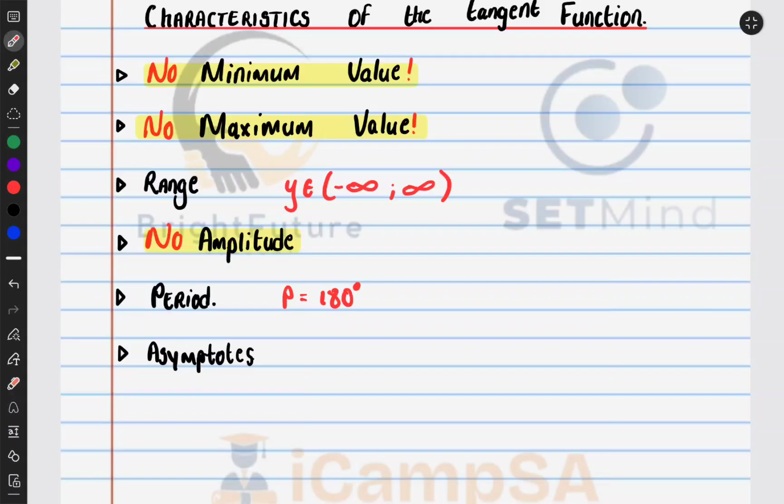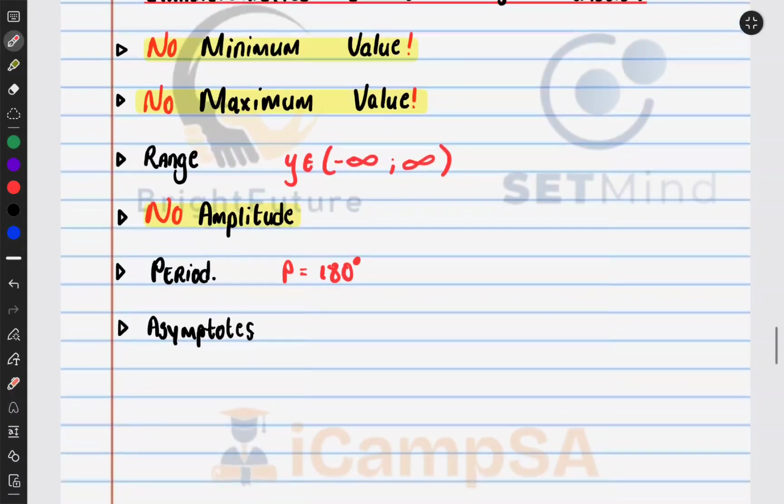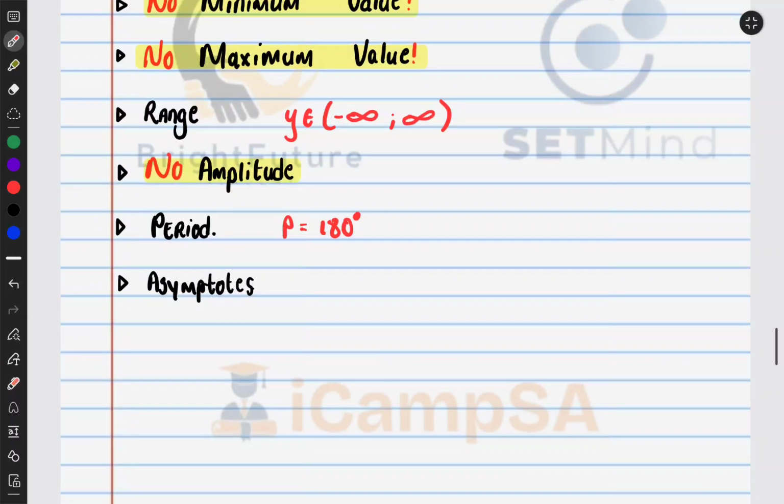The asymptotes of the function will be at what? The asymptotes of the function will be at x, or let's use theta, is equal to 90 degrees plus k multiplied by 180 degrees.